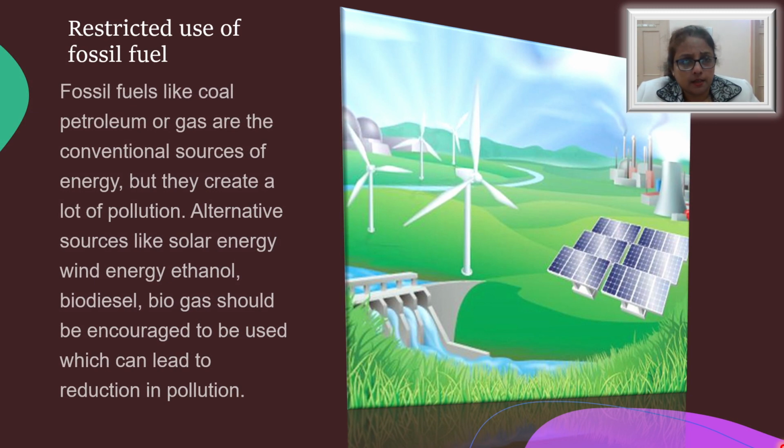We have seen that fossil fuels are mostly responsible for creating a huge amount of pollution. It is also felt that fossil fuels are not going to remain forever because their reserves are becoming lesser and lesser.